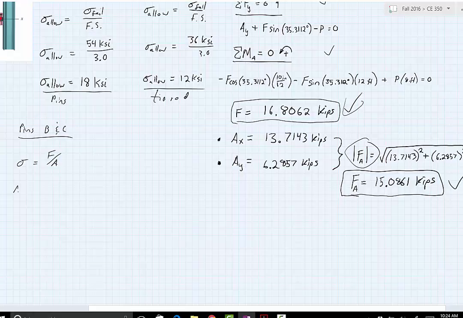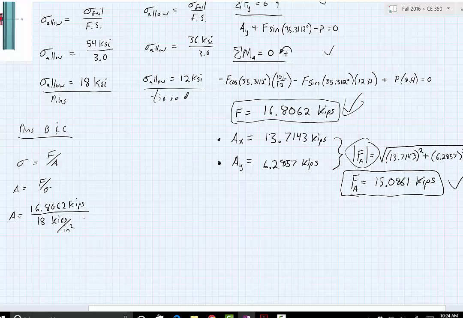For pins at B and C, stress equals force over area. Solving for area, area equals force over stress. And we know the force is going to be 16.8062 kips. So area equals 16.8062 kips divided by our 18 KSI, and this is kips per square inch.